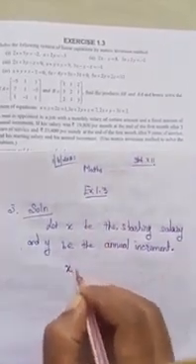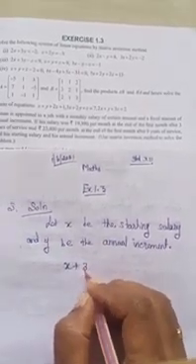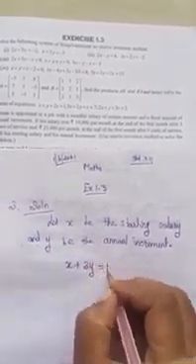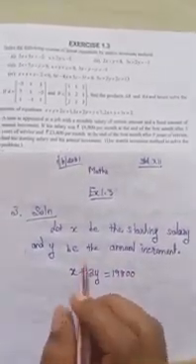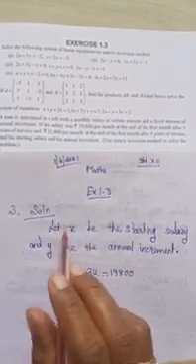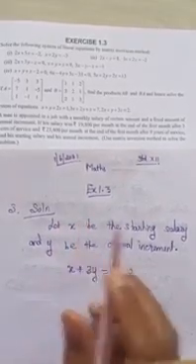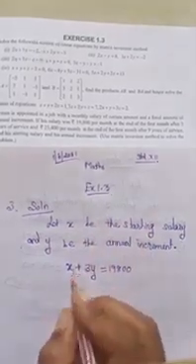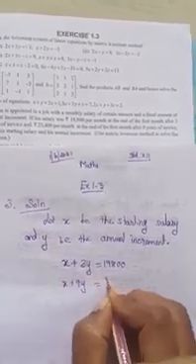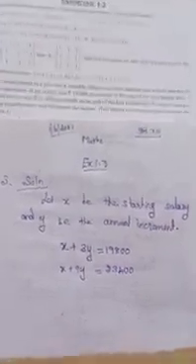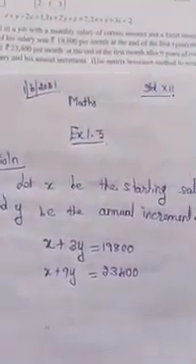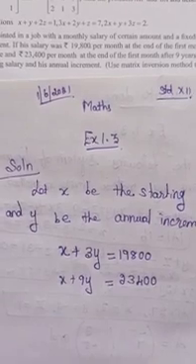So, with his salary X plus how many years completed? 3 years. So, 3 annual increments, 3Y, is equal to 19,800. Then, the second equation is 23,400 at the end of the first month after 9 years of service. So, salary plus 9 times the increment is equal to 23,400. Now, we have to solve this using the matrix inversion method.